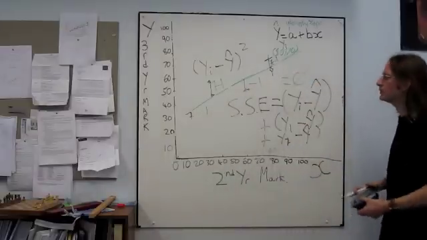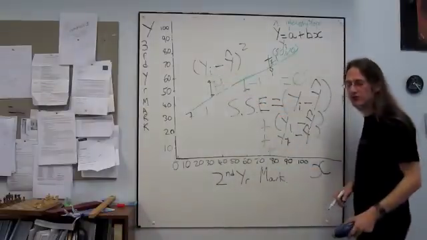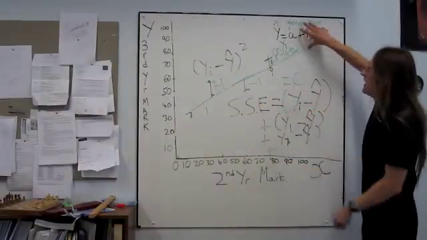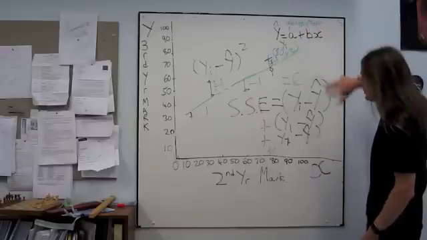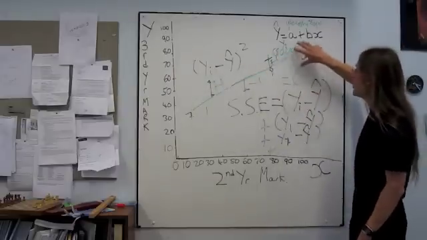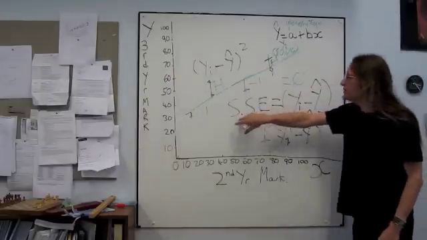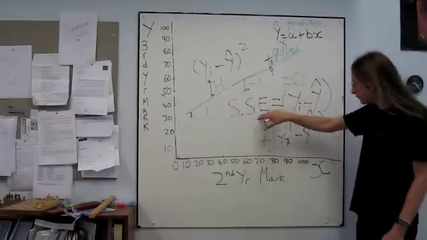For each of our observed values, we're going to have some residual value. So linear regression is going to try and fit a line to our data which minimises the sum of the square of the errors, making this value as small as possible.